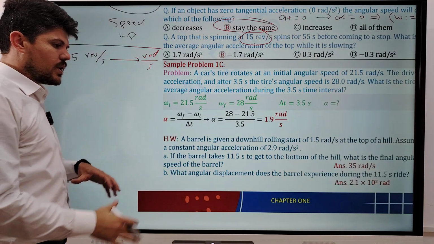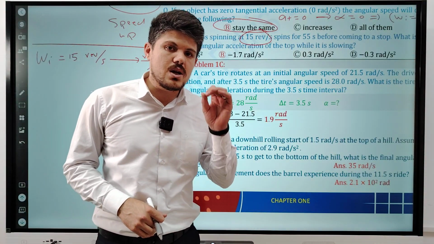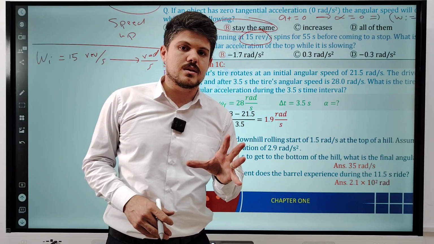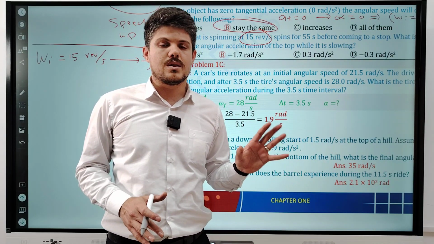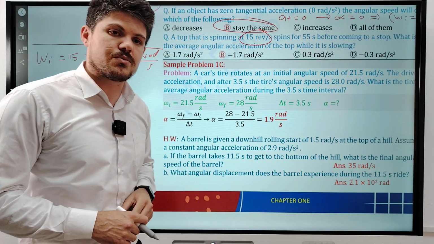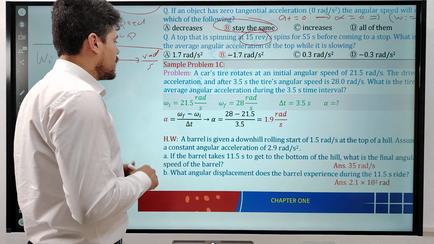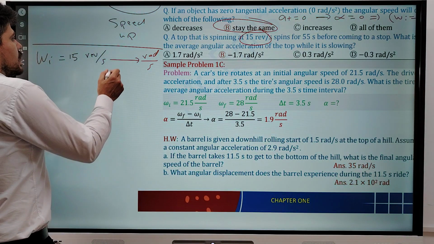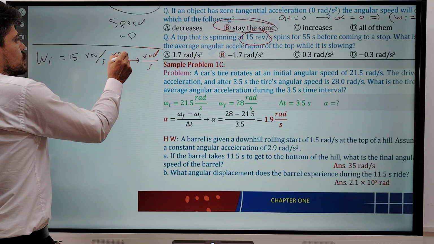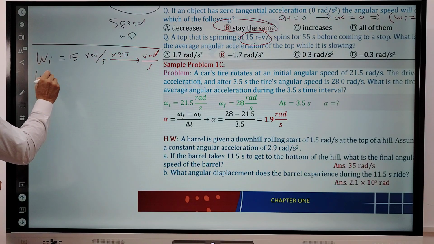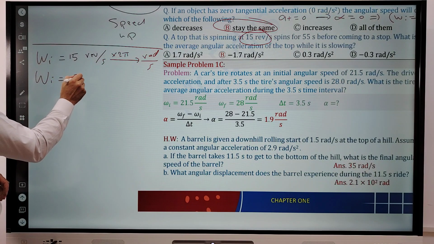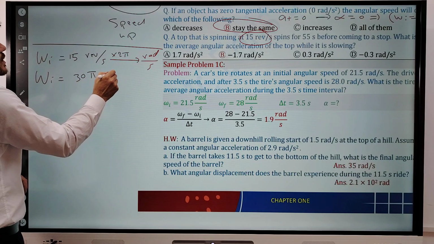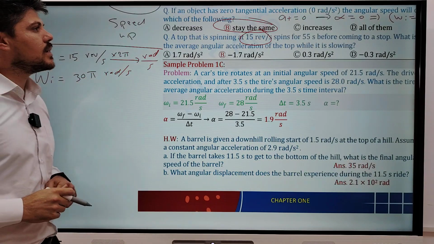As I told you, for every question we solve, the angular displacement must be in rad, not rev, not degrees. In the case when the angular speed is given in rev per second or rev per minute, we have to convert to rad per second. We have to multiply by 2 pi. Omega initial is equal to 30 pi rad per second.